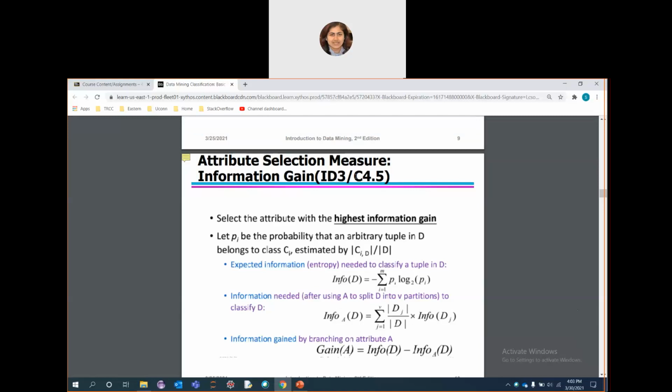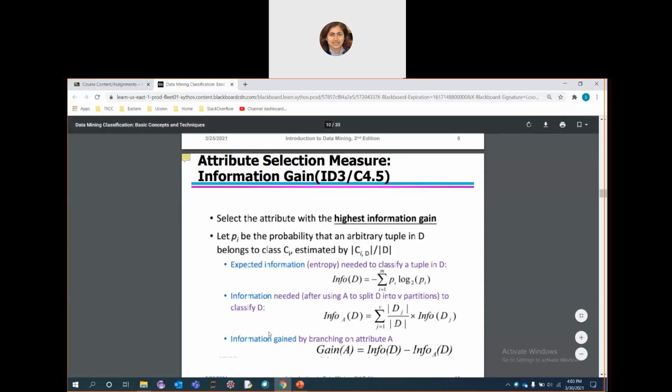After that, he made certain changes to the algorithm ID3, and it was famously known as C4.5, which is considered the successor of ID3. And this C4.5 is actually based on a greedy approach.